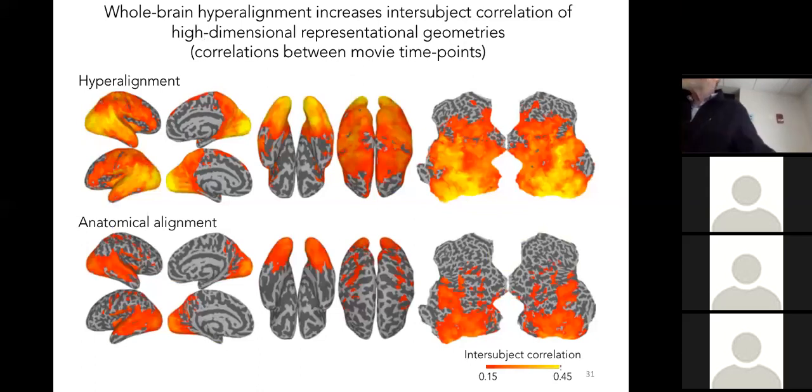But what this suggests is actually there are fine-grained changes in representational geometry across cortex. And so if you can do a better job of aligning the information across subjects, then you see alignment of these fine-grained differences in representational geometry.